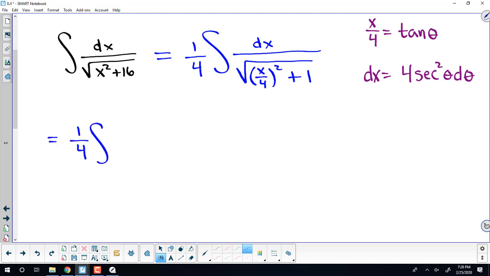So we have 1/4 antiderivative, dx is 4 secant squared theta d theta over the square root of tangent squared plus 1.